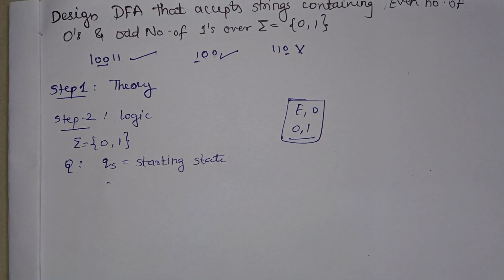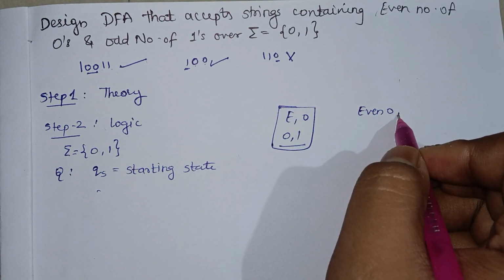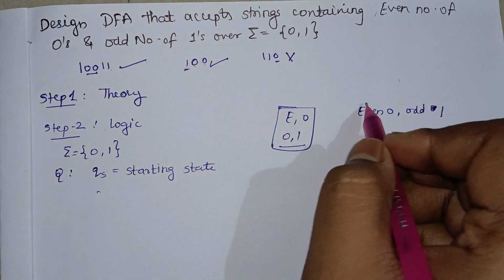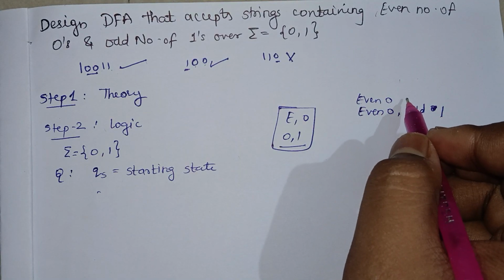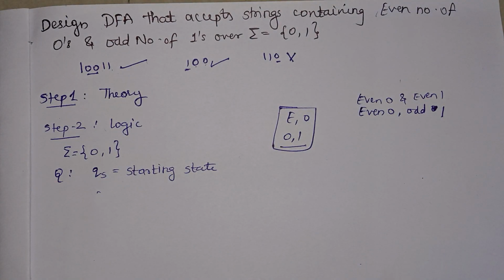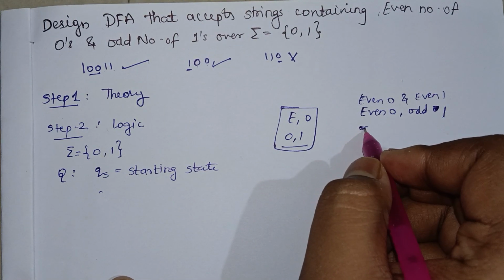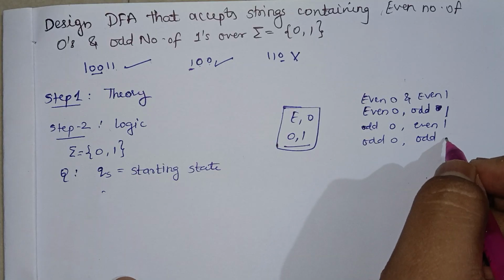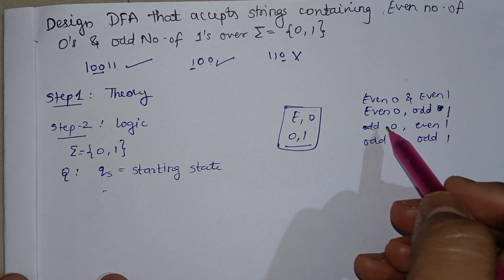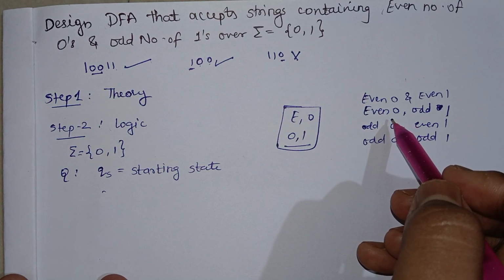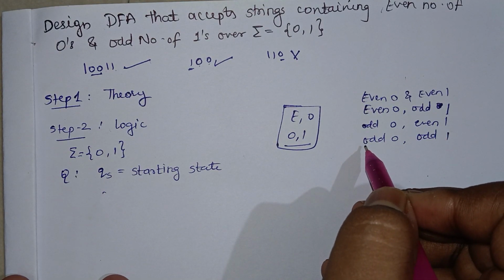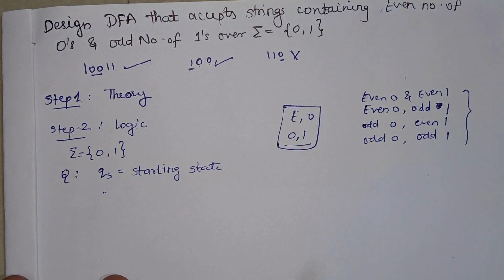From this we can get 4 different possible combinations: even 0 and even 1, even 0 and odd 1, odd 0 and even 1, odd 0 and odd 1. These are the 4 possible combinations.